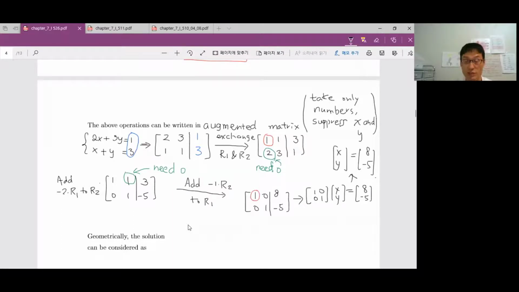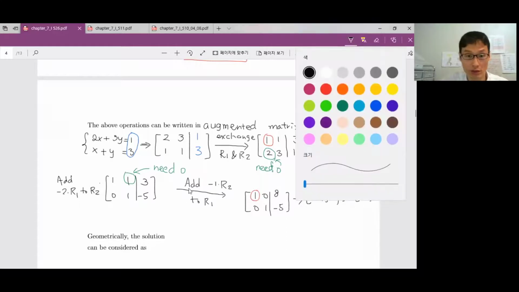The only difference is we suppress x and y, we express everything inside the augmented matrix. And this will give you a simpler, shorter, and better way of writing down your solution and calculation. It may take some time to get used to it, but you will see this is very useful and helpful, especially when you work with 3 unknowns, x, y, and z. That's it. You want to finish your calculation quickly. That's why we care about this method.